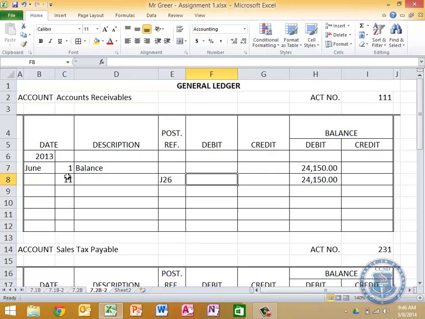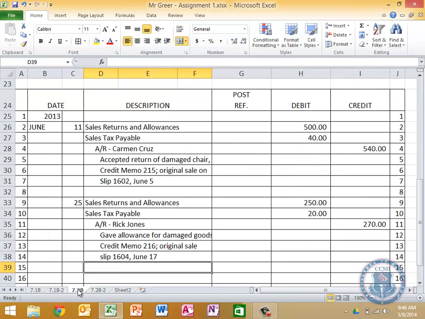What are we doing in accounts receivables on June 11th? Into the ledger. We're posting to the ledger. I'm going to go back and give you a hint. What's going on June 11th with accounts receivables? Do I see a debit?